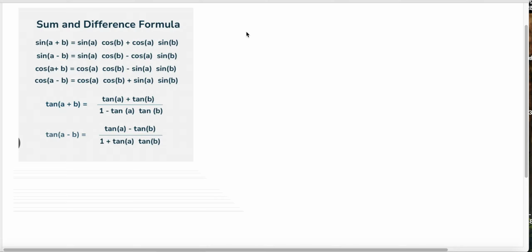So for example, let's say we were looking to find the exact value of cosine of 195 degrees.